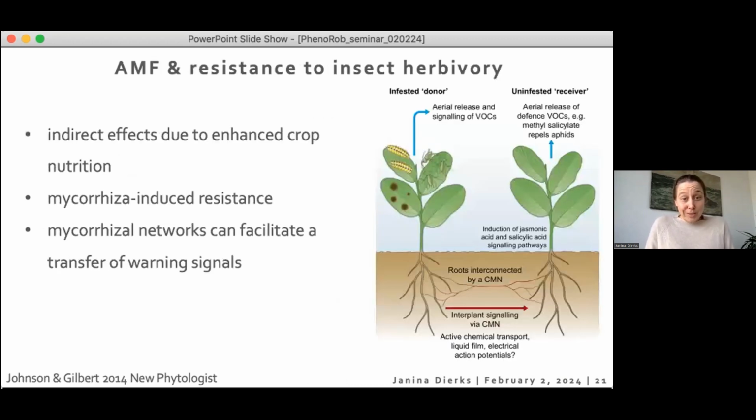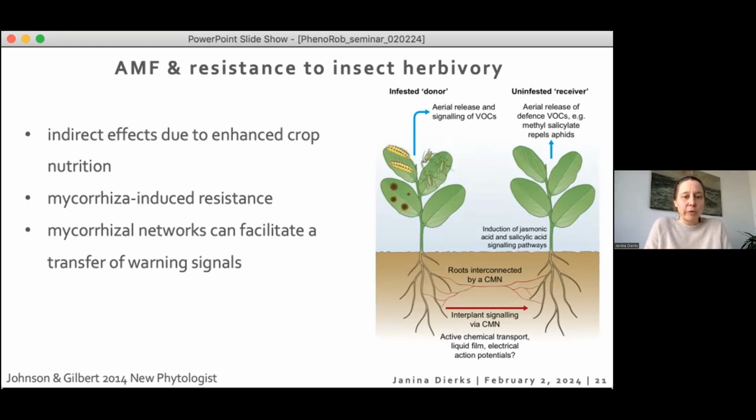With regard to insect herbivory, there are again indirect effects of mycorrhizal fungi. Enhanced access to nutrients leads to greater plant vitality, and as such could result in greater resistance of crops to insect herbivory. The establishment of the mycorrhizal symbiosis in itself may prime plant defenses.